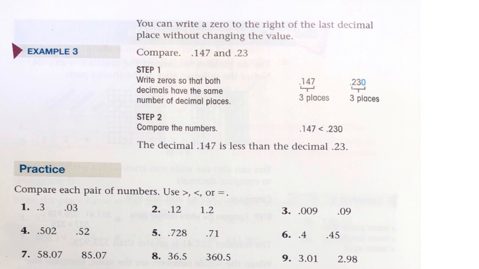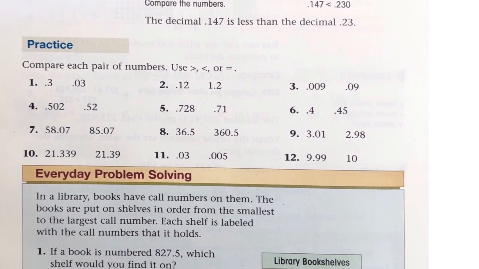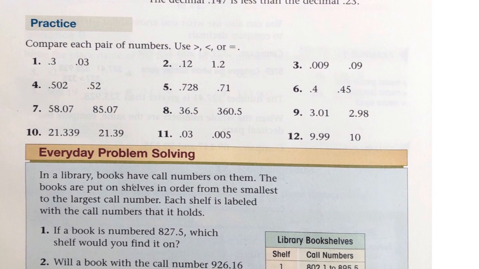Let's practice. Use greater than, less than, or equal to. Three tenths is greater than 3/100.